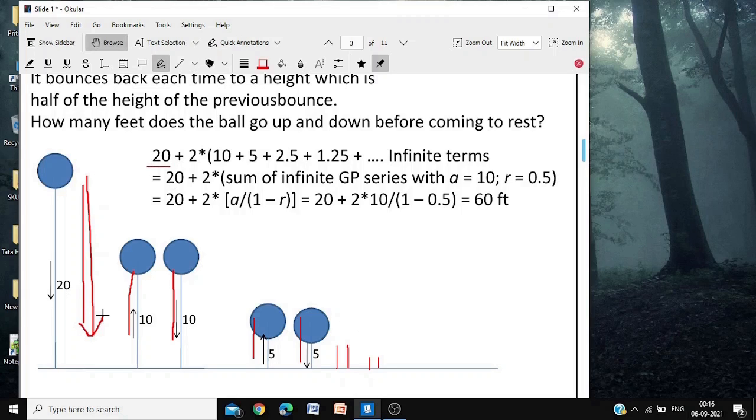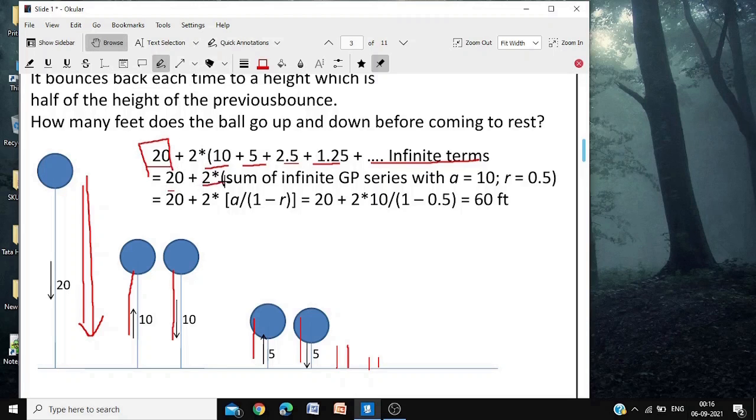It is dropped. Thereafter, we always have up and down: bouncing up, that is upward, and falling down, downward. So 10 up and 10 down, 5 up and 5 down, 2.5 up and 2.5 down, 1.25 up and 1.25 down, to infinite terms. Or we can say 20, we keep it as it is.